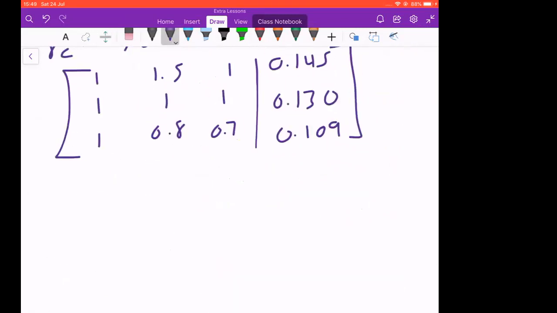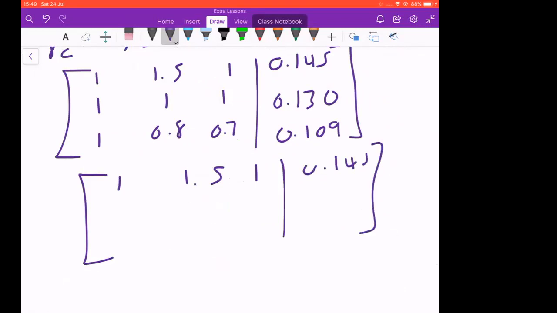Okay, we can try to solve this thing together. So we have 1, 1.5, 1, 0.145, right? And then you're going to say row 2 minus row 1. So 1 minus 1 is going to be 0, 1 minus 0.5 is going to be negative 0.5, 1 minus 1 is going to be 0. And then negative 0.15, I have to confirm.